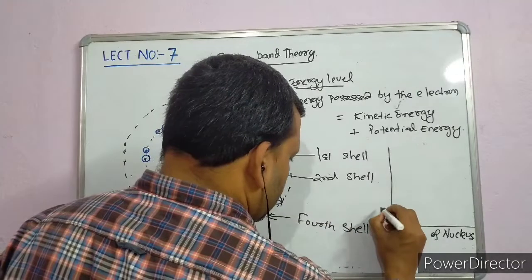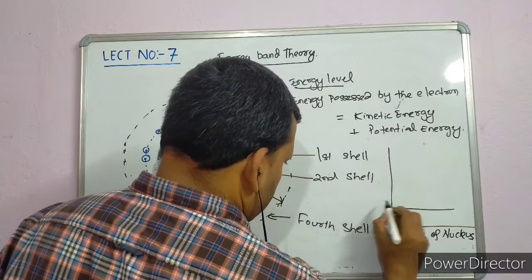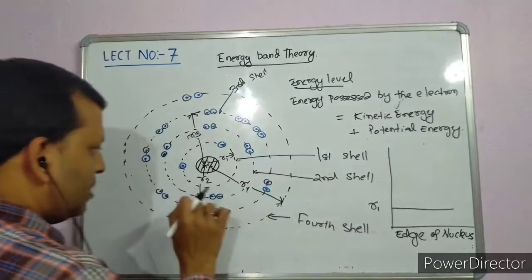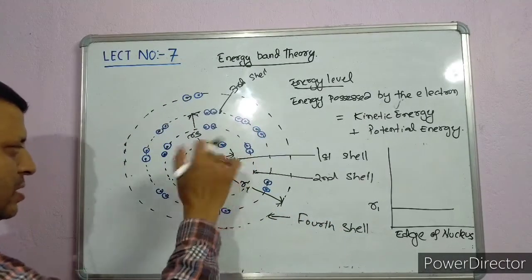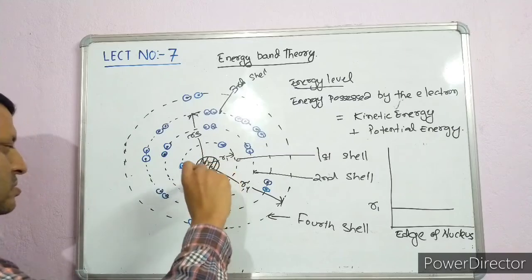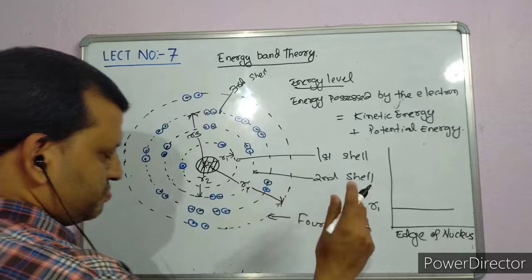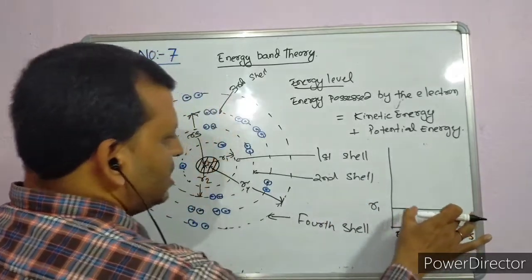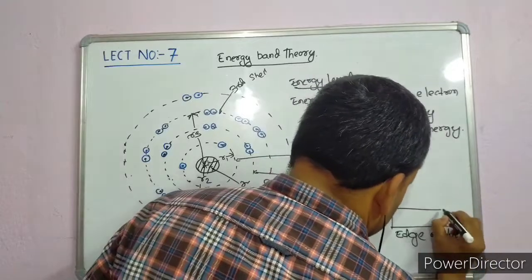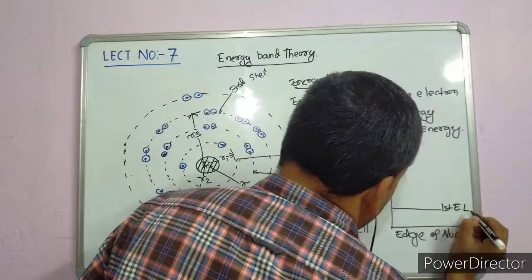Let us say this is at a distance of r1. We know that r1 is the radius of the first cell. This is our first energy level.